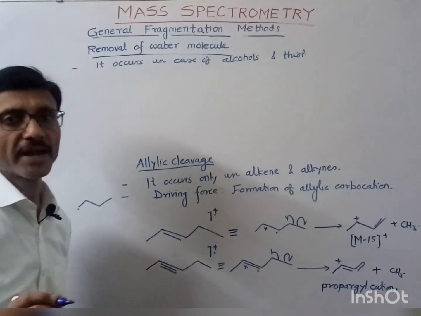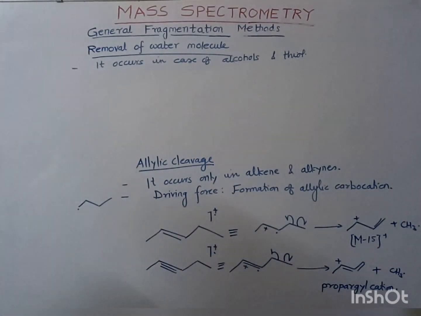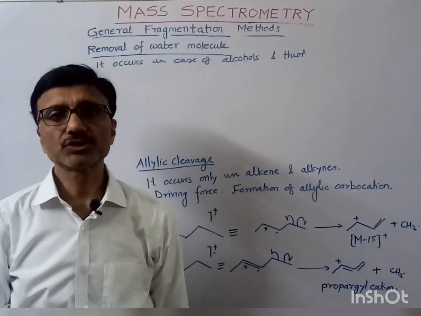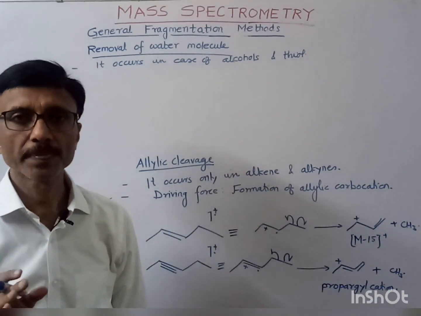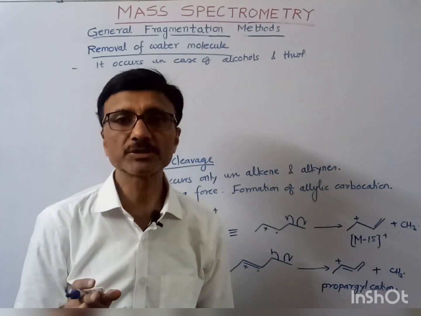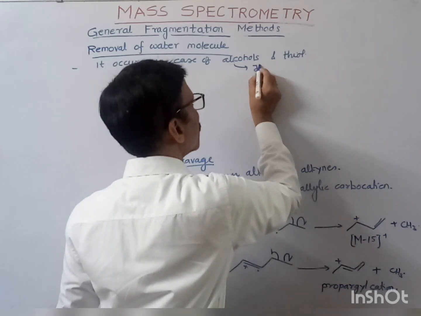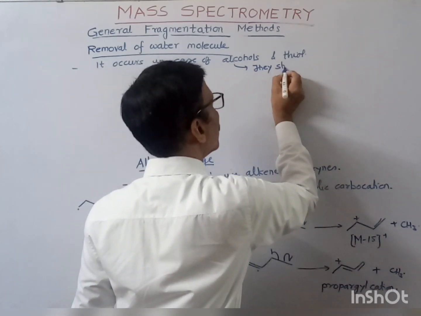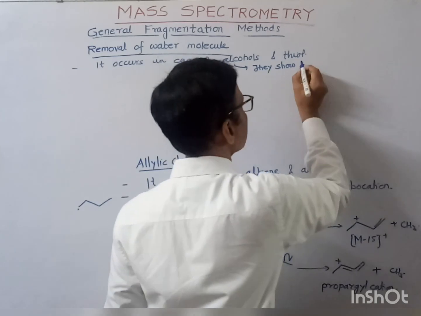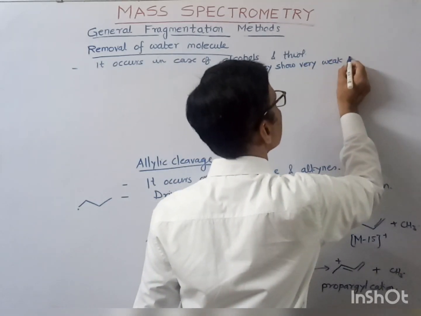Okay, so this is a dehydration reaction. Mainly it is a dehydration reaction, and that's why alcohols show a very weak molecular ion. This is the reason that dehydration in alcohol is very much possible. So these alcohols show a very weak or absent molecular ion peak. It may be absent.